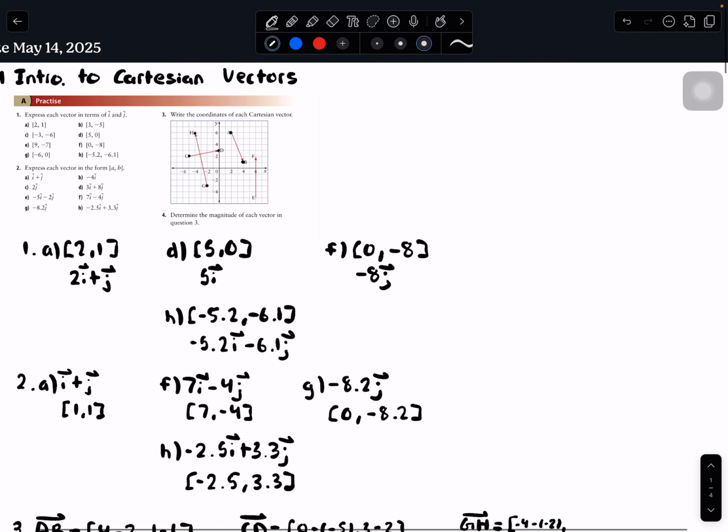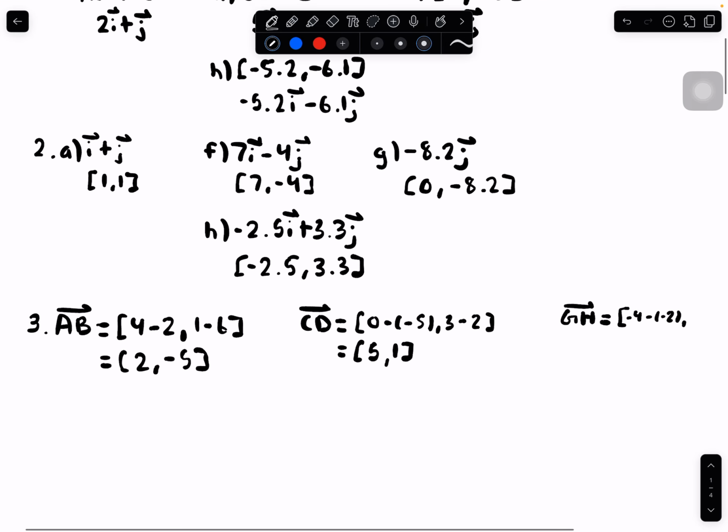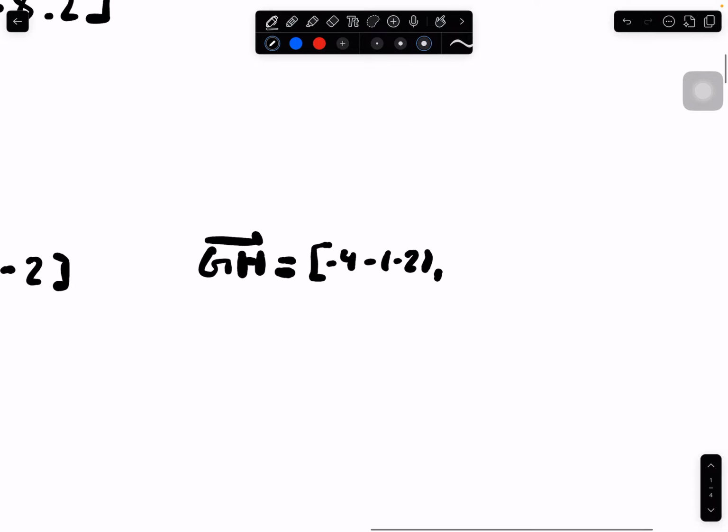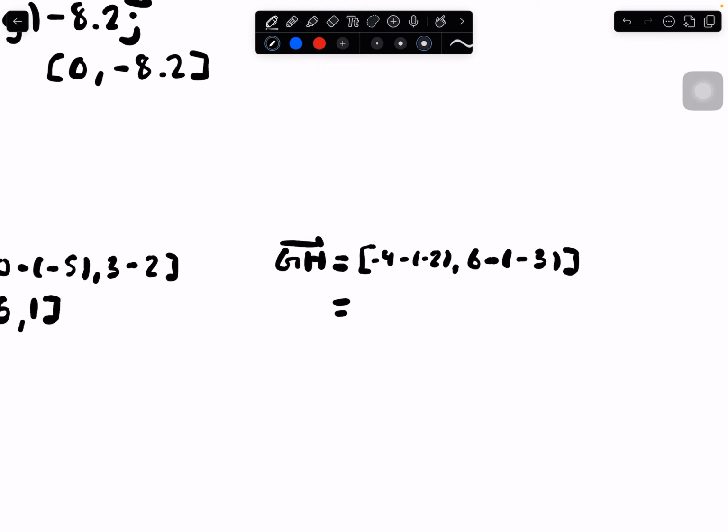And the y values, we have 6 minus negative 3. So what does that give us?